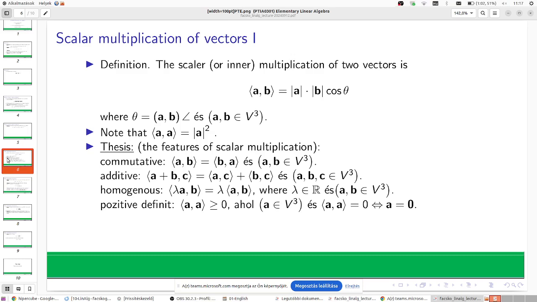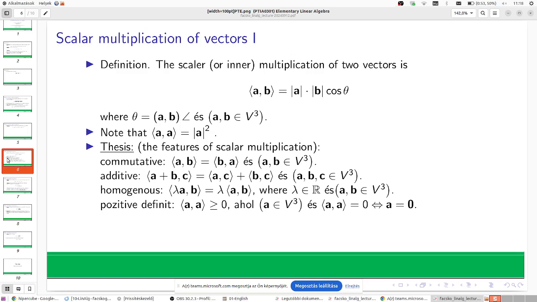Okay, there are features of this scalar multiplication. It's like programming. If you do anything with vectors, the operations are all here. Since these are not numbers, you can do only what is written here.